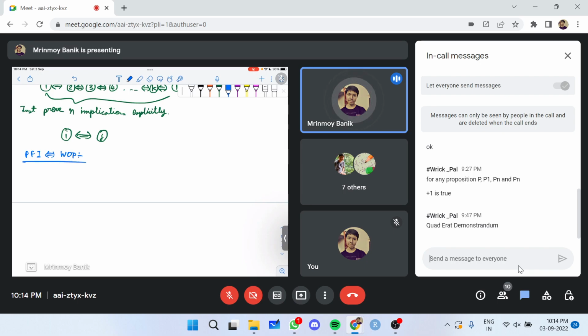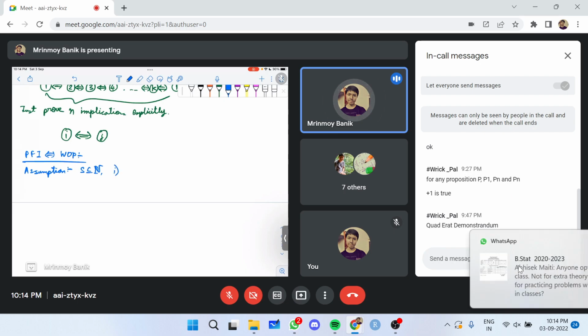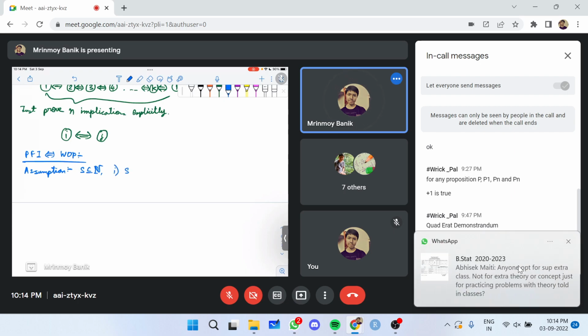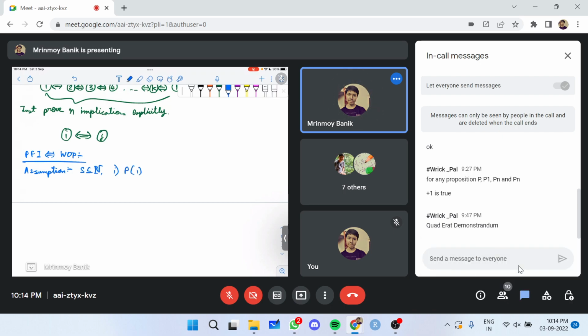So what have we assumed? The first assumption is PFI is true. So S is a subset of natural numbers, and from PFI we have: 1 is inside S, and if n is inside S implies n plus 1 is inside S, for all n.